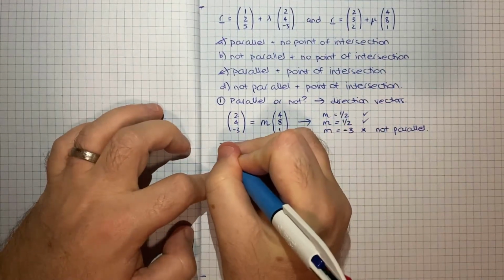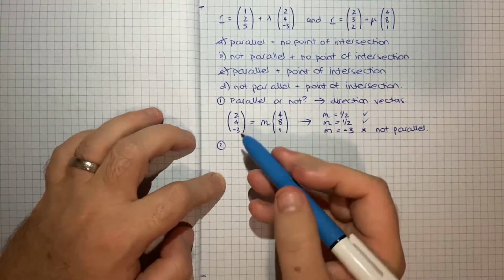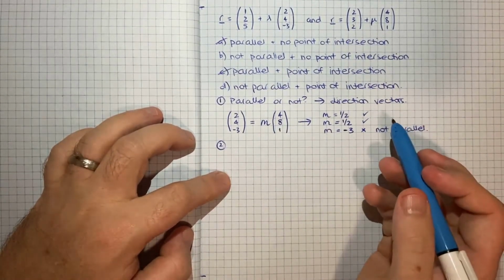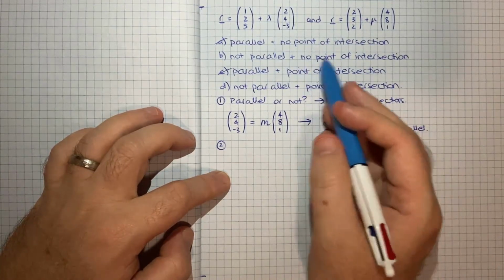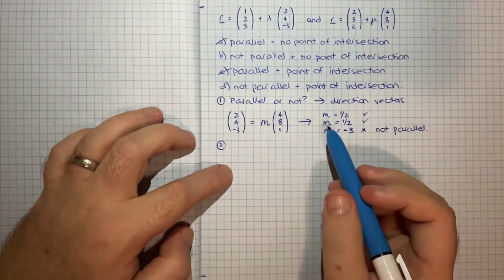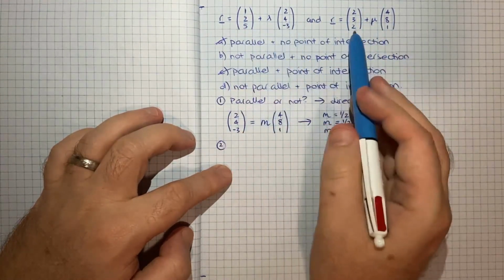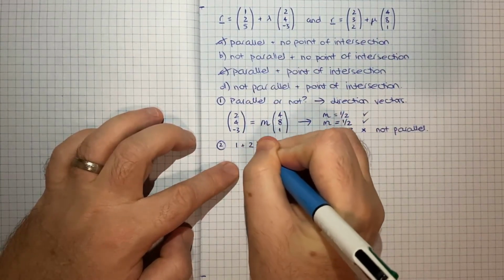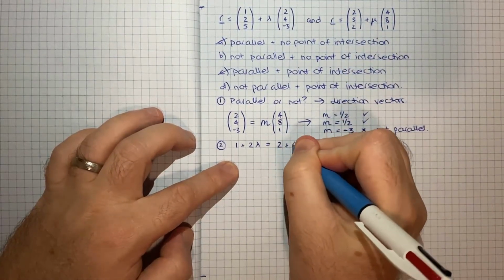To deal with this question of is there a point of intersection, we can just try and find the point of intersection and see. If we do get one, then there is a point of intersection. If we can't get one, then there mustn't be. The way we could find the point of intersection would be to equate each of these row components of the vectors. So we'd have 1 plus 2 lambda set equal to 2 plus 4 mu.